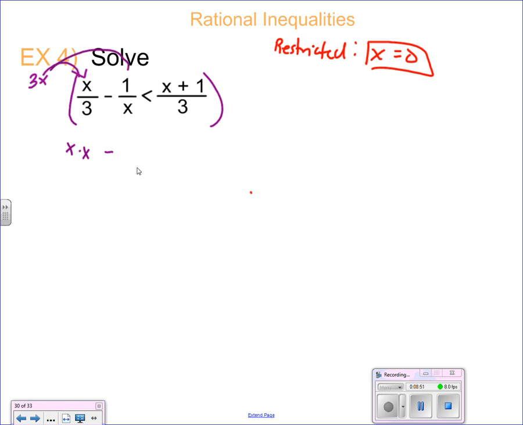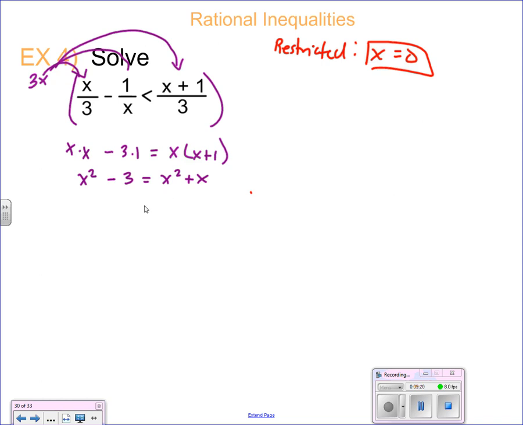In the next term, the x will cancel, leaving me with 3 times 1. We're going to treat it as an equal sign for now. When I multiply with the last term, the 3 will cancel, leaving me with x times x plus 1. So x times x is x squared minus 3 times 1, which is 3. Distribute the x into the parentheses to give you x squared plus x.